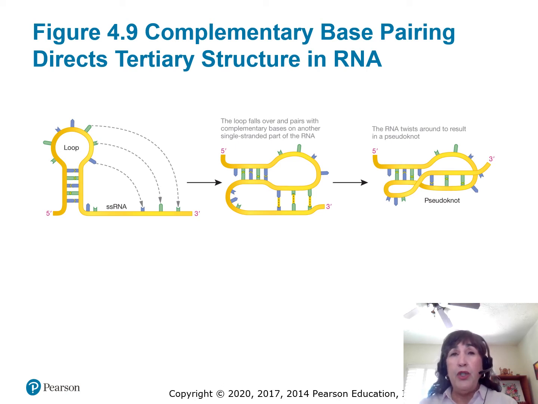So there's messenger RNA, ribosomal RNA, and transfer RNA. We're going to find out later on in the semester that transfer RNA actually carries amino acids to the ribosomes to build proteins. So we'll be talking about this later, but this is because of this folding of RNA, as you can see in this diagram.